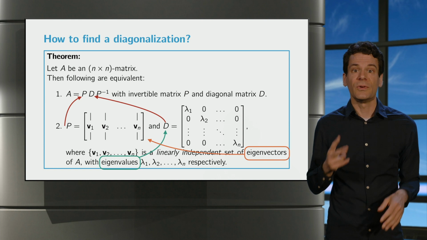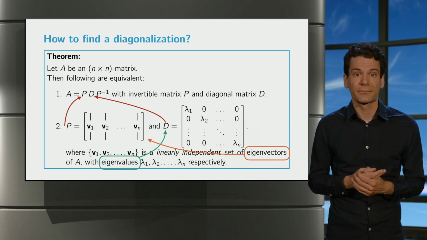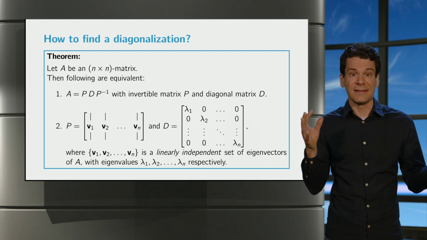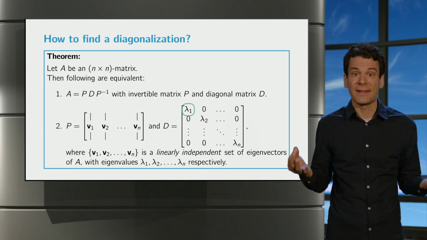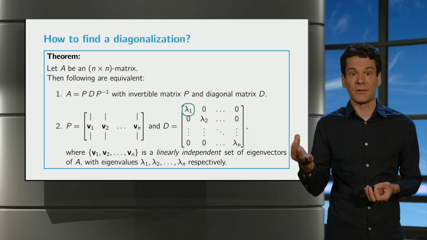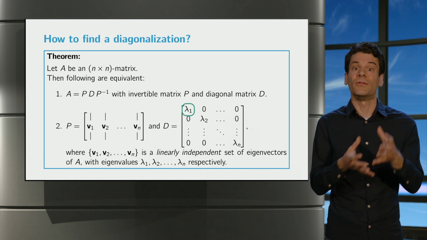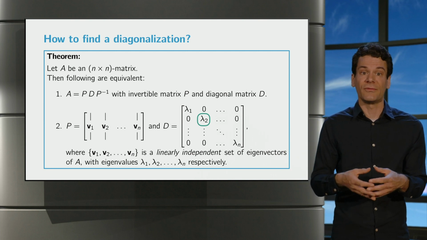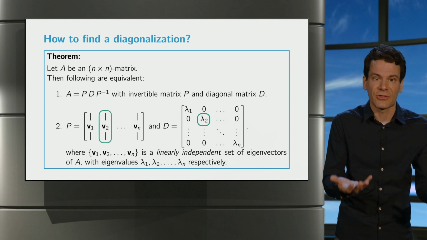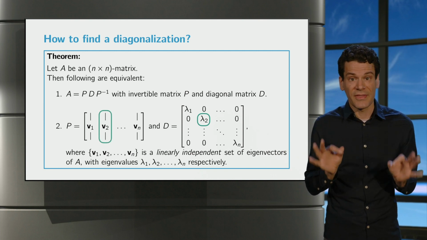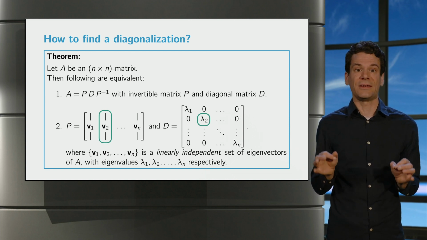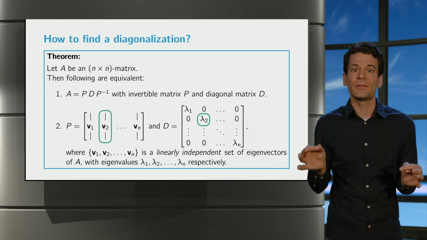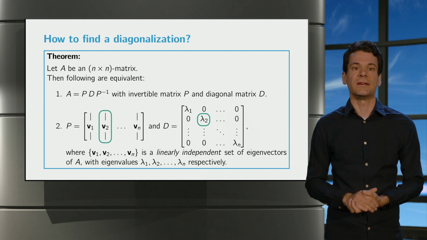I'd like to end with 2 remarks about the theorem. First, it is important that P and D match. By that I mean that the first diagonal element of D should be the eigenvalue of the first column of P. The second diagonal element of D should be the eigenvalue of the second column of P, etc. But other than that, you can use any independent set of eigenvectors and the corresponding eigenvalues. And this means that diagonalizations are not unique.